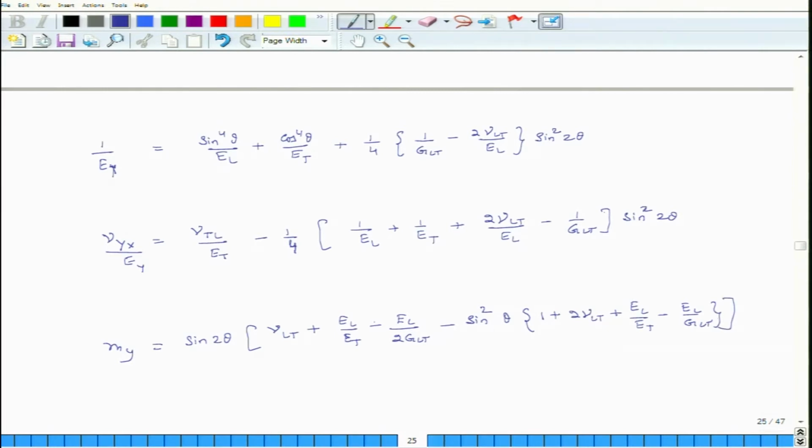So these are the three relations, and we will call them D3, D4, D5 and D6.